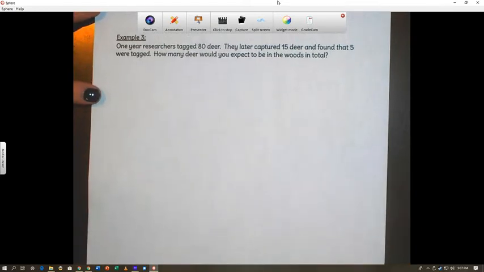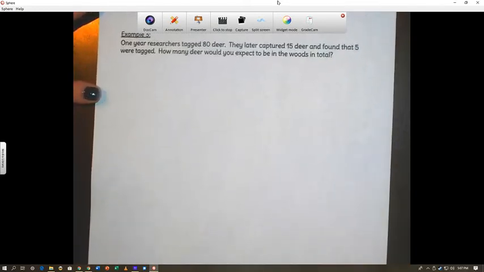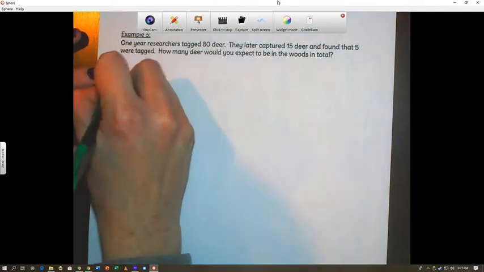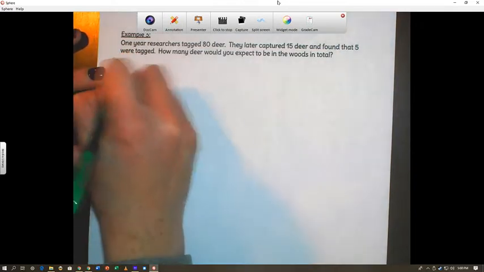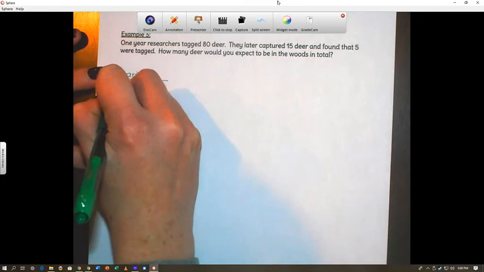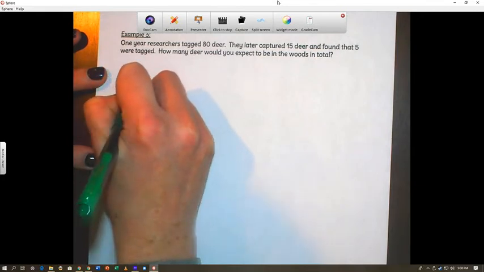Okay, one year researchers tagged 30 deer. They later captured 15 deer and found that 5 were tagged. How many deer would you expect to be in the woods in total? So we're going to use part, whole again for our ratio table.